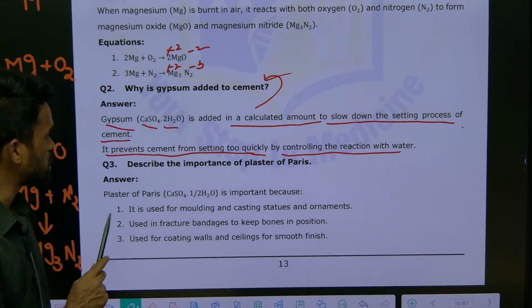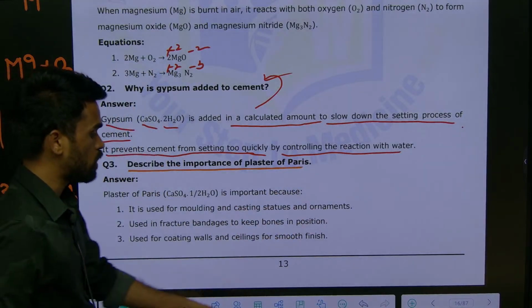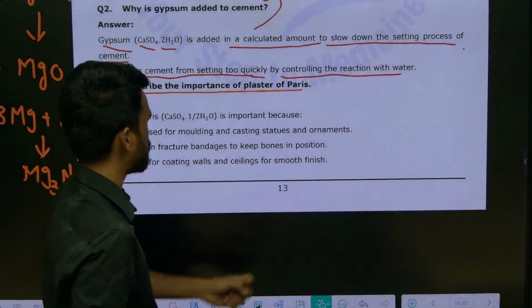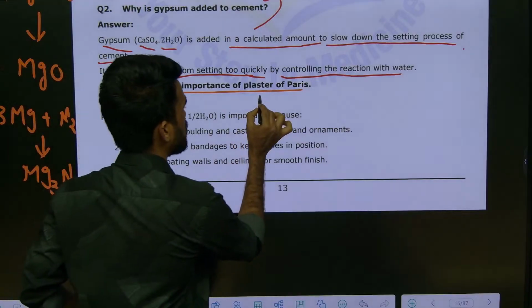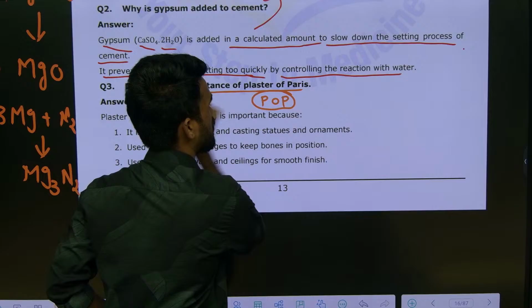The next question: describe the importance of plaster of Paris. What are the important uses of plaster of Paris? We can also call it POP in short form. You are much familiar with this. During Ganesh Chaturthi, we see idols made of POP, most of them. During Durga Puja and Dasara Navaratri also, idols are made of plaster of Paris.